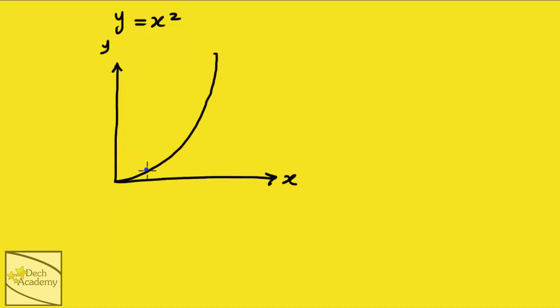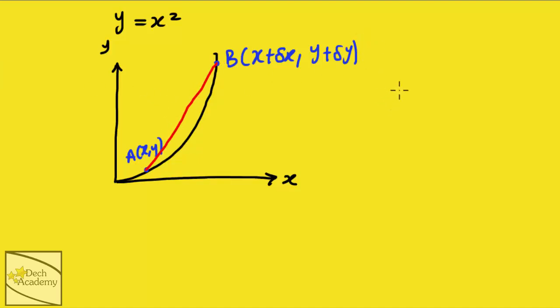And there's a point A with coordinates x, y, and there's a point B with coordinates x plus delta x, and a y coordinate of y plus delta y, but I broke it down even further. Now, if you draw a line from A to B, the gradient of that line was obtained as delta y over delta x, as I showed you earlier, and we ultimately obtained this, 2x plus delta x. This was the gradient of the line.